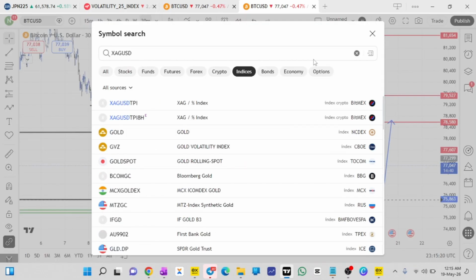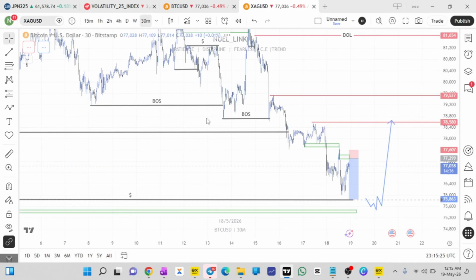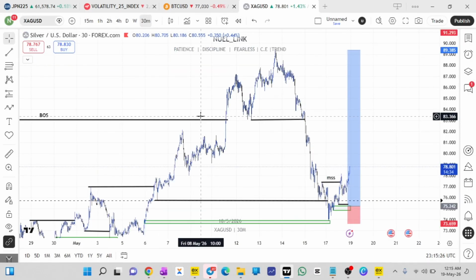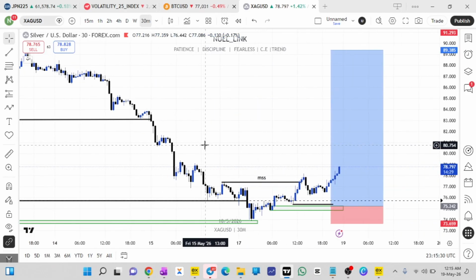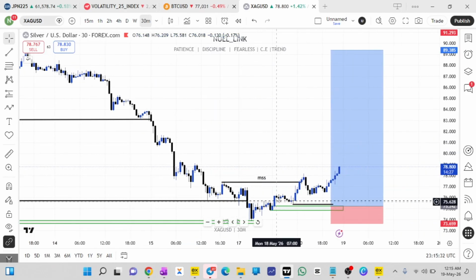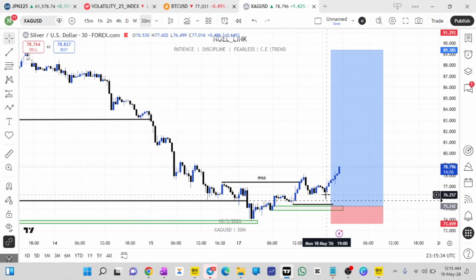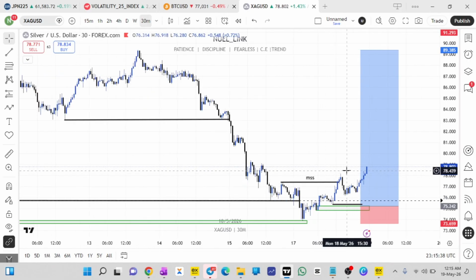This I have on silver. Silver has left me. Okay. Shift liquidity. If this candle should close, maybe I'll adjust my entry to this level.